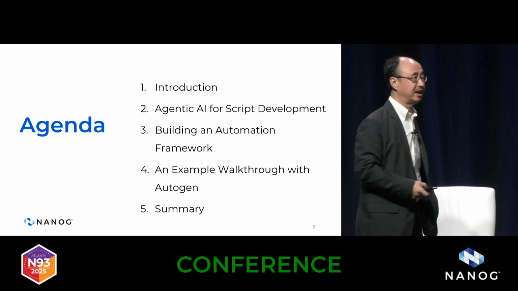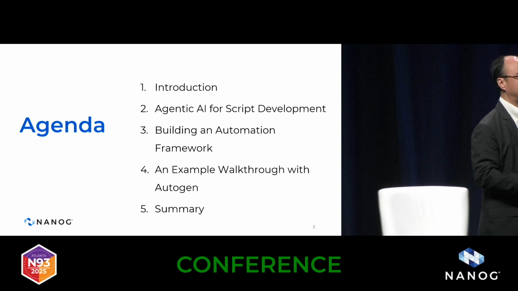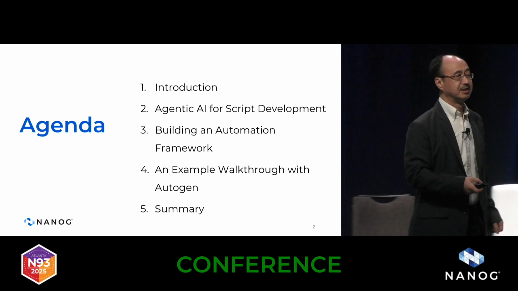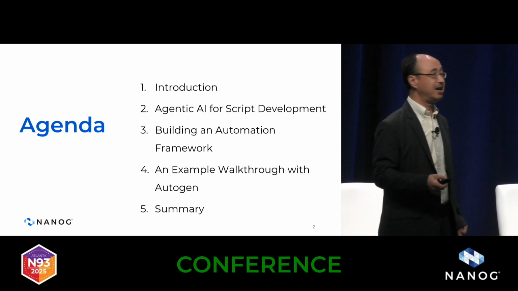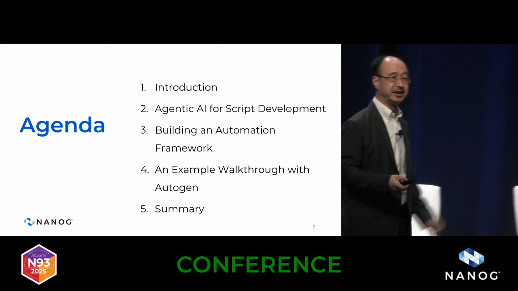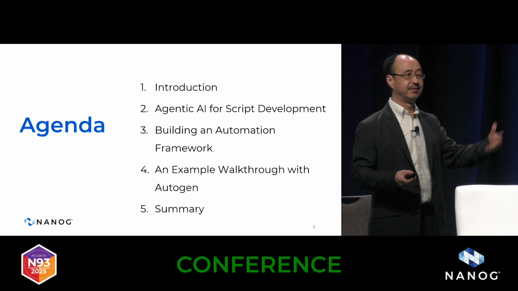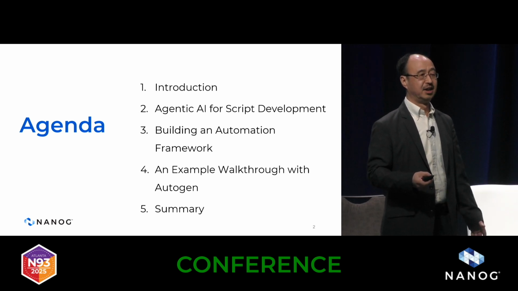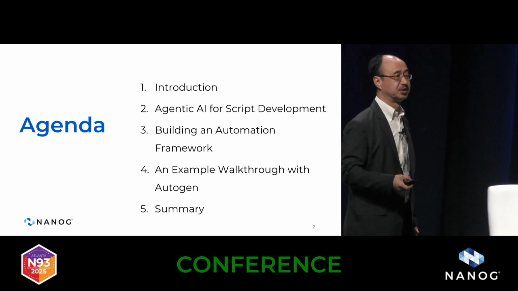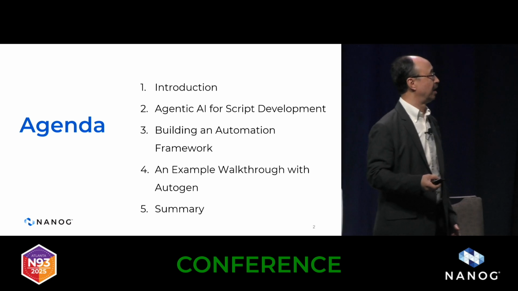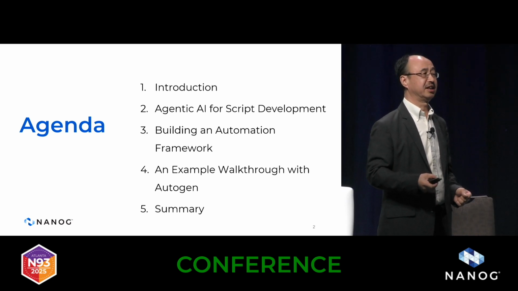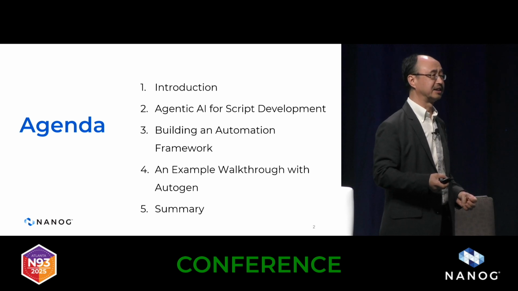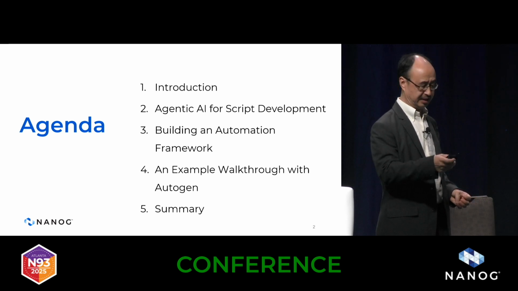Then we're going to look at how to use generative AI to build a script development automation framework, followed by an example walkthrough in detail of how you would develop such a framework for your script development projects. We're going to use Microsoft AutoGen as the example for this purpose.